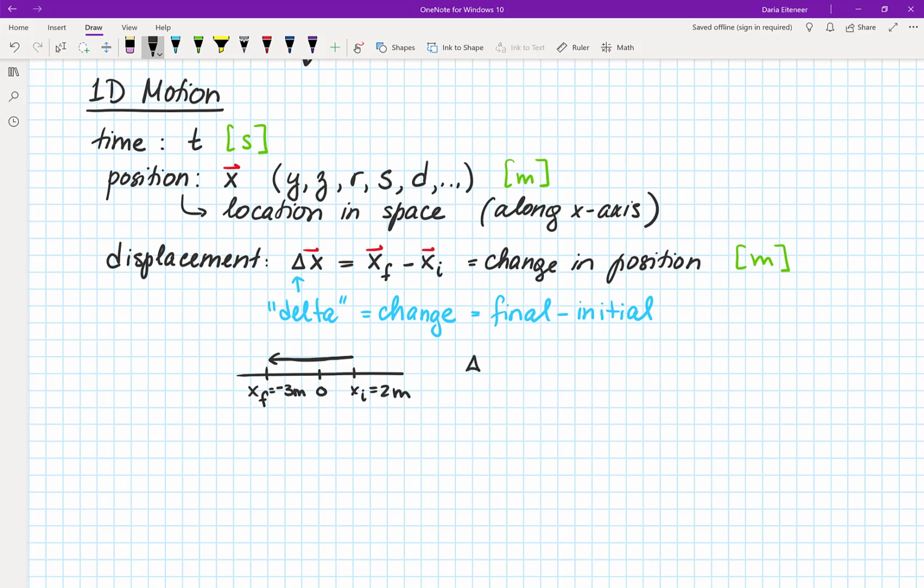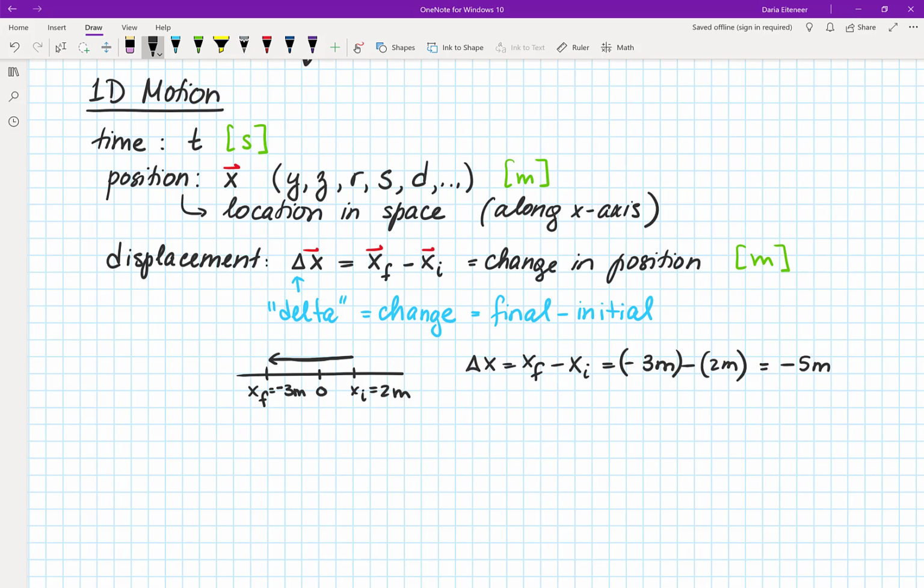And I could write this: delta x equals x final minus x initial equals -3 meters minus (+2 meters). I'll even put parentheses on it for clarity. So displacement is -5 meters. So the interpretation would be that the object is moving 5 meters to the left. That should be pretty self-explanatory.